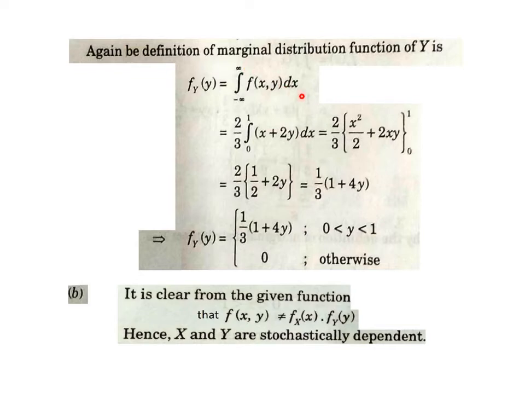Practically we know that x lies between 0 and 1, so 0 to 1 are the practical limits. Then fxy is 2 by 3 into (x plus 2y) with respect to x, y is to be taken as a constant while integrating, and then the limits 0 to 1 for x are substituted. Finally a function of y is obtained as 1 by 3 into (1 plus 4y).